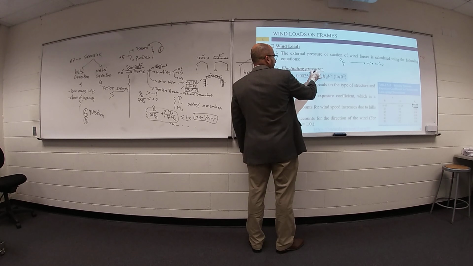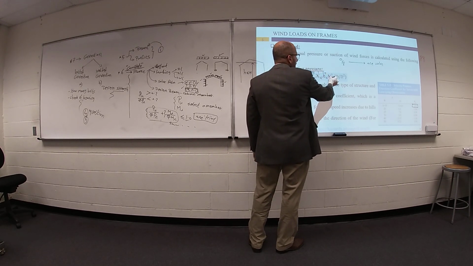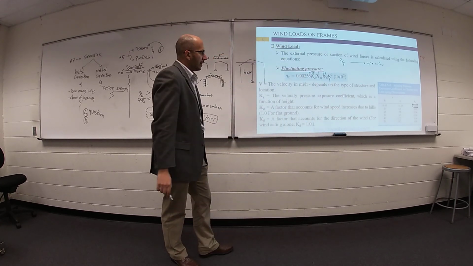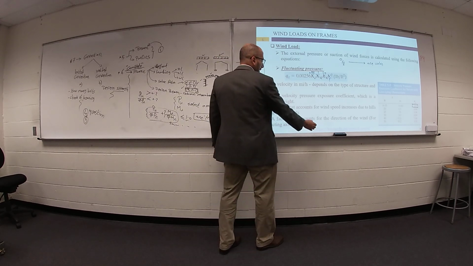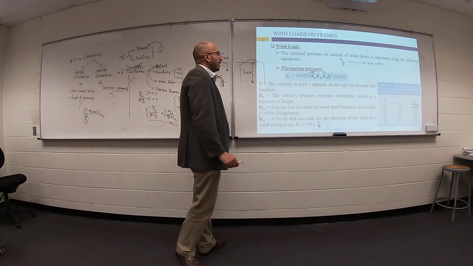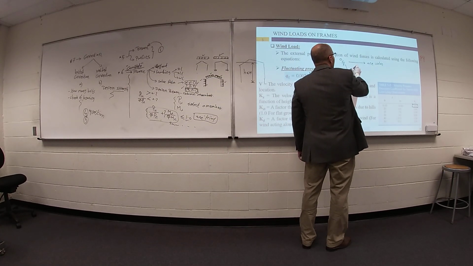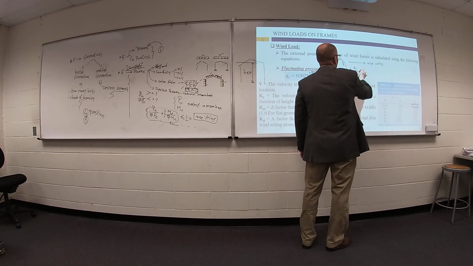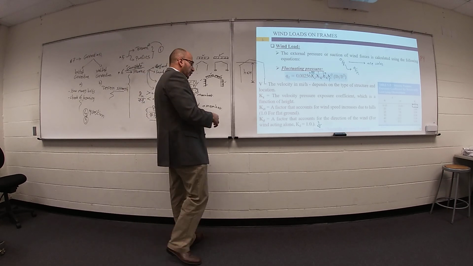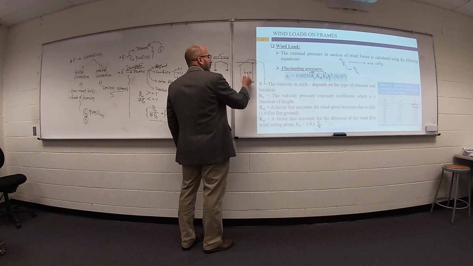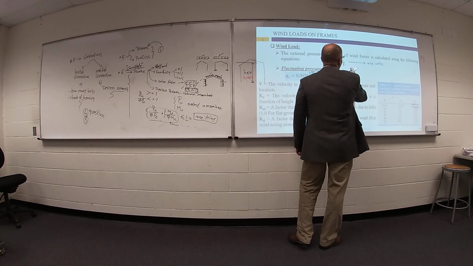KZ will be 0.85 from this table. KZT, KD, V, what is the velocity of the wind, will be given, or you can get it from this link. Anyway, it will be given. So we have one value for KZ, and this value will be the same value for QH also. But if your H may be equal to 25 feet, so we have different values for QZ.